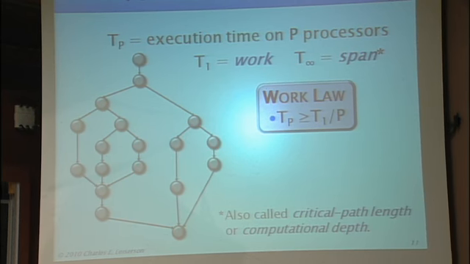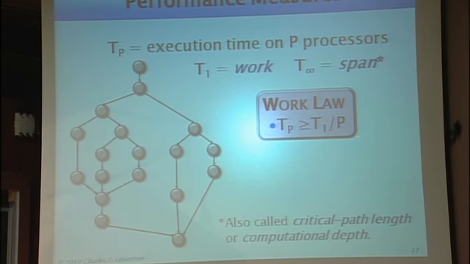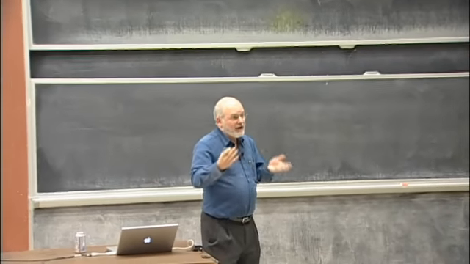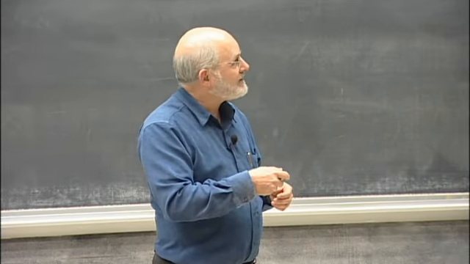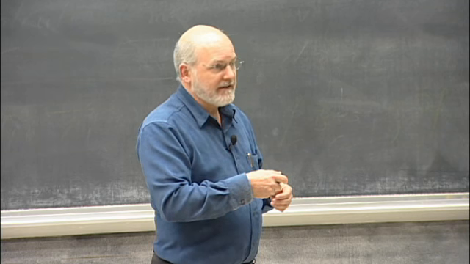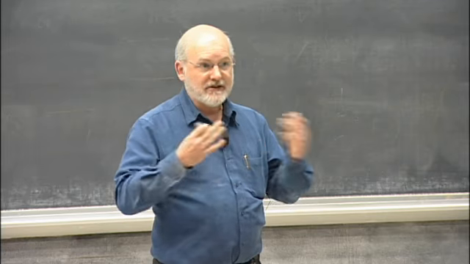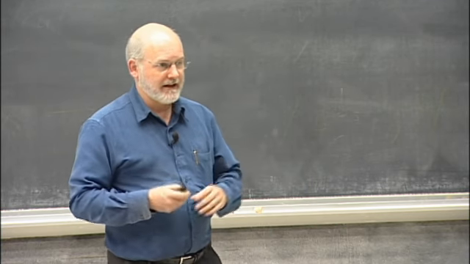So if you're running for fewer than T1 over P steps, you've done less than T1 work over time TP. So you won't have done all the work if you run for less than this. Time TP must be at least T1 over P, because you only get to do P work on one step. Is that pretty clear?